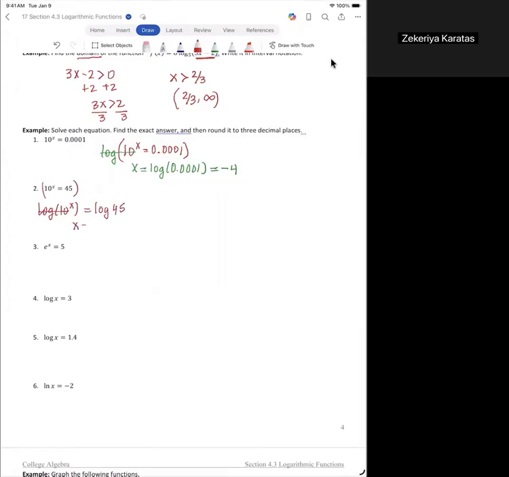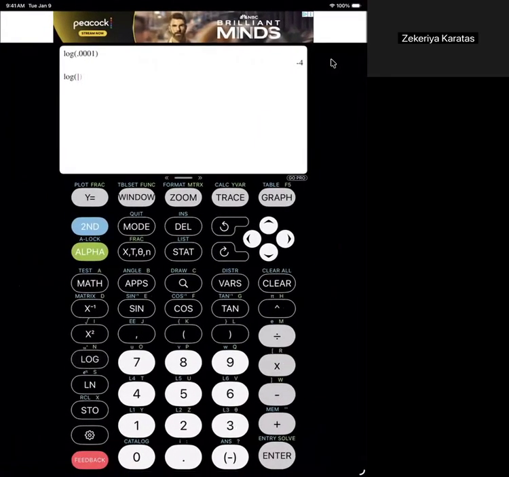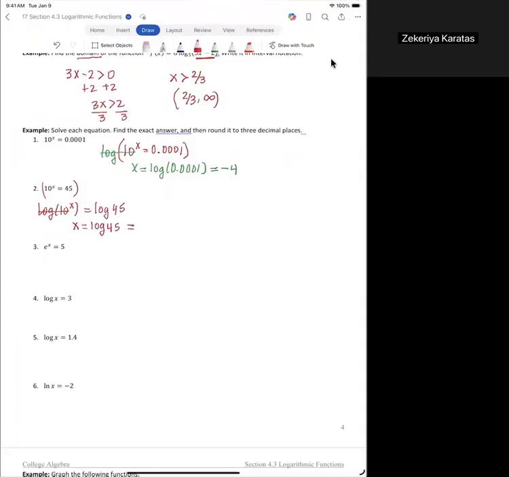So x equals log 45. This is the exact answer. If you plug this into the calculator, using the log button, log of 45, I get 1.653.